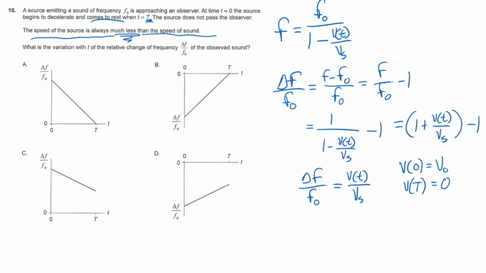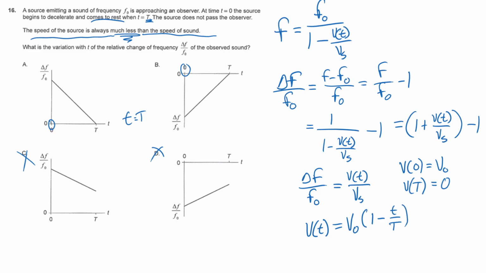So obviously it can't be D or C. It has to be 0 when t is equal to T. And so we can write an equation for this. For the velocity, actually, we have the initial velocity times 1 minus little t divided by uppercase T.